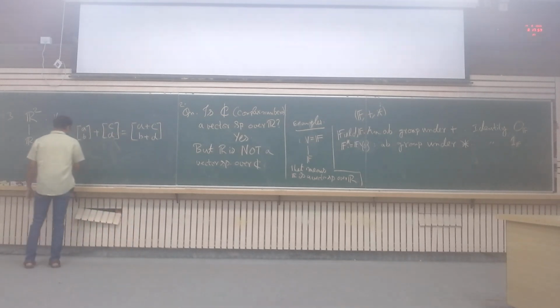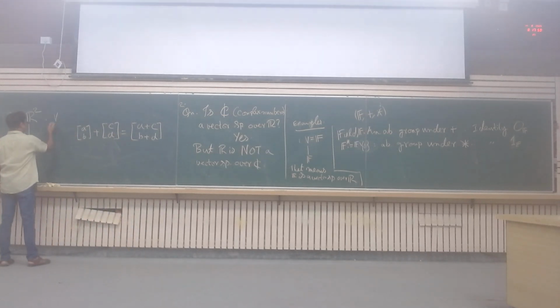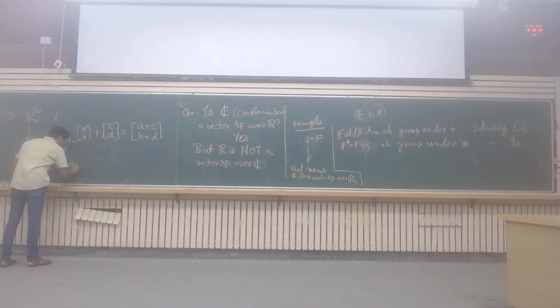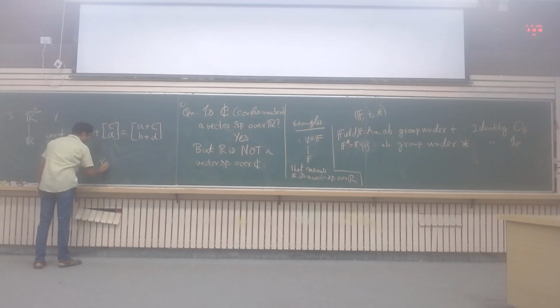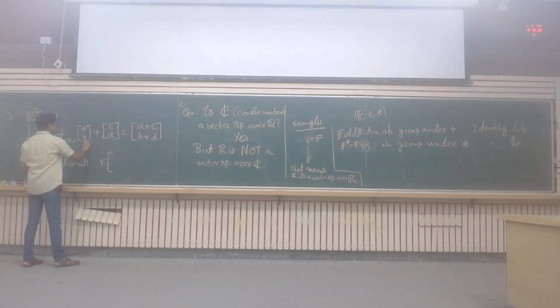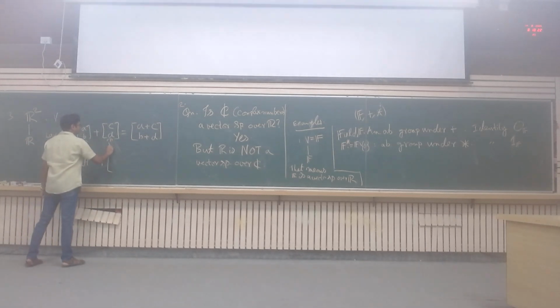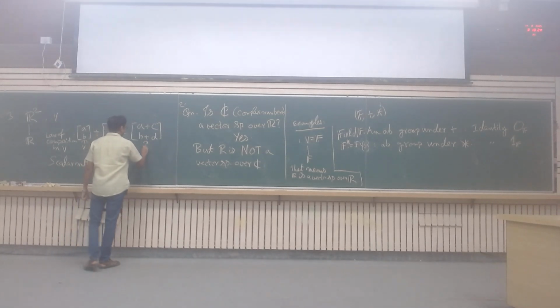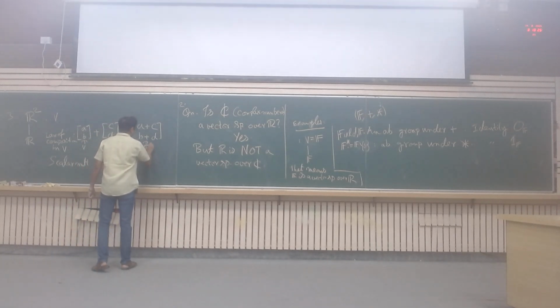So this is the law of composition in V. And then scalar multiplication is just the usual one, right? R times a vector, where R is any real number. So here this was in V, this was in V, and this is of course in V because it is R2.